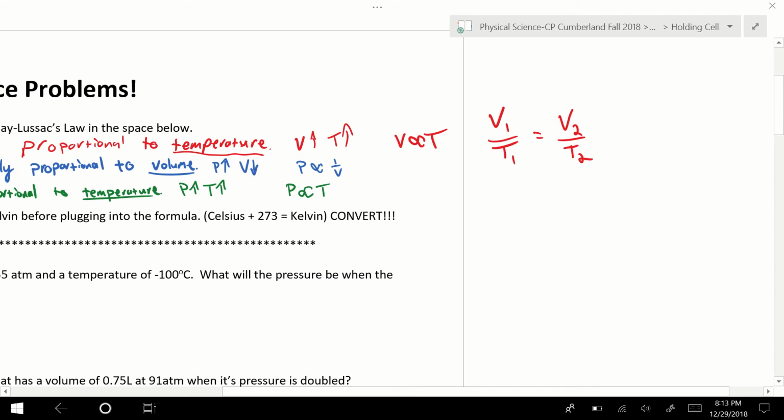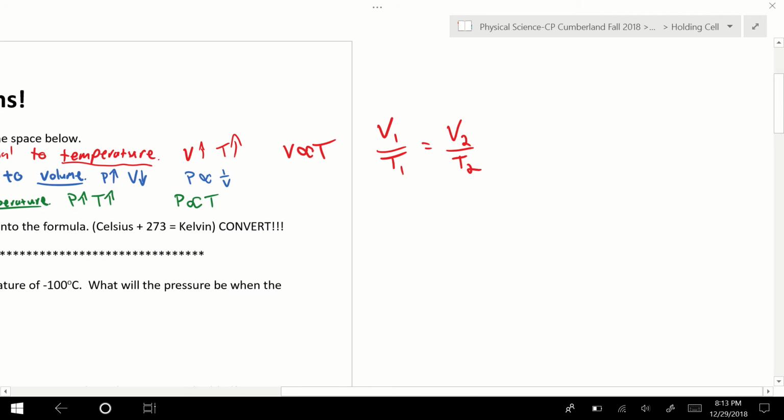So if, for example, volume 1 is 5 liters, temperature 1 is 100 Kelvin, you don't know V2, and temperature 2 was 200 Kelvin.